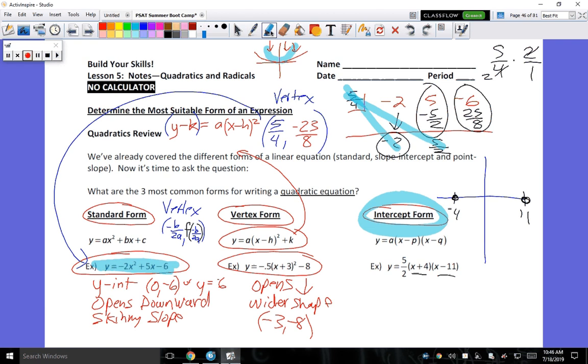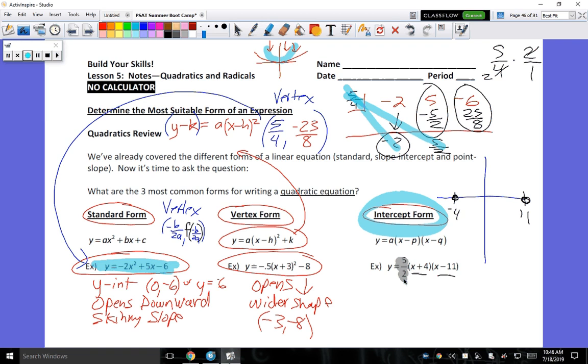And just for extra practice, what did this 5 halves tell us? It's upward, and is it wide or narrow? Yeah, narrower. Think about it. 5 halves is bigger than 1, isn't it? So if you multiply your height by 1, nothing changes. But if you multiply it by something bigger than 1, it's going to be a stretch of some kind. Do you understand?